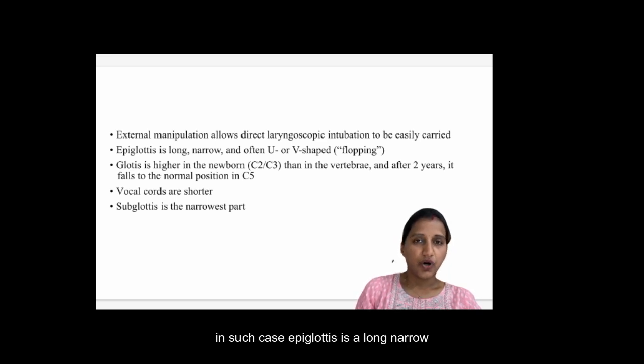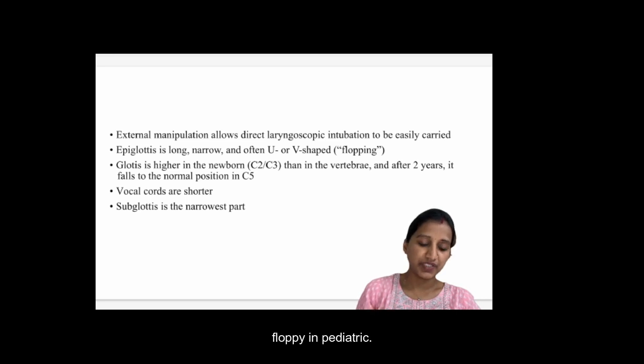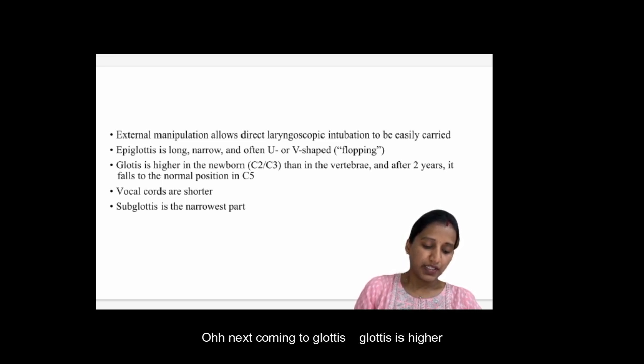The epiglottis is long, narrow, usually U or V shaped, and it is floppy in pediatrics. So while performing a procedure, the blade used basically is a Miller's blade, which is a straight blade used for pediatrics. Next, coming to the glottis. The glottis is higher up in newborns at the level of C2 or C3, and after 2 years it falls back to normal position, that is at the level of C5.